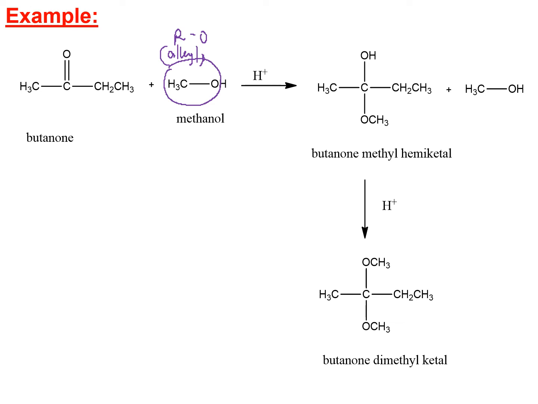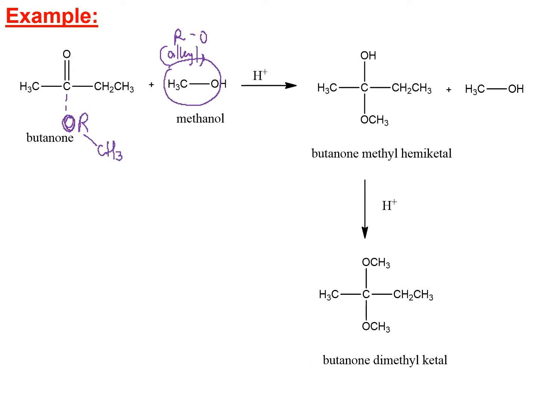Okay, so basically apa yang akan berlaku ialah kita akan add dekat this carbon atom OR kan. Dia punya general chemical reaction in the previous slide adalah OR, di mana R kat sini adalah CH3. Okay, so it will be OCH3 lah.